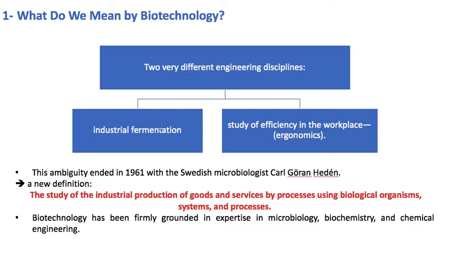So this is the definition we will adopt for biotechnology. The study of the industrial production of goods and services will use expertise in microbiology, biochemistry and chemical engineering. So these different disciplines all come together to give us a process or protocol used in biotechnology.